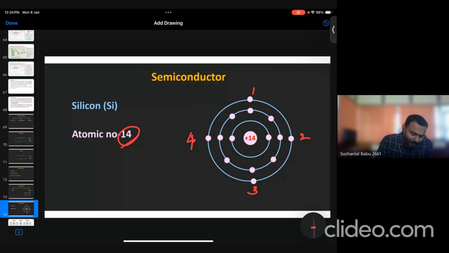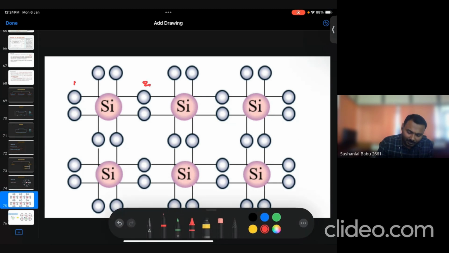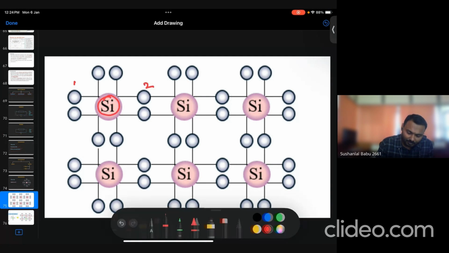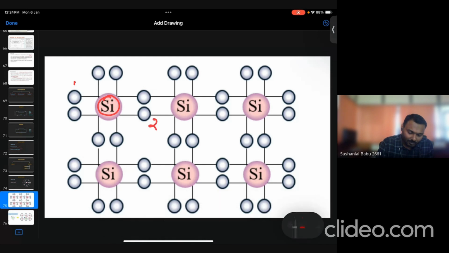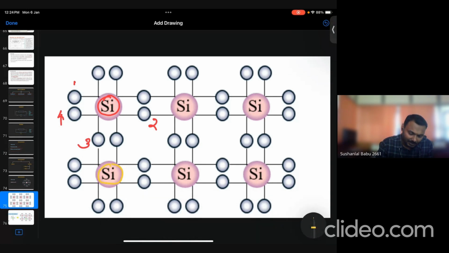Okay. So in pure form, silicon, this is one, this silicon belongs to, okay, this one, two, three, four, okay, and another one. This silicon has another, this one, yes, one, two, three, four.